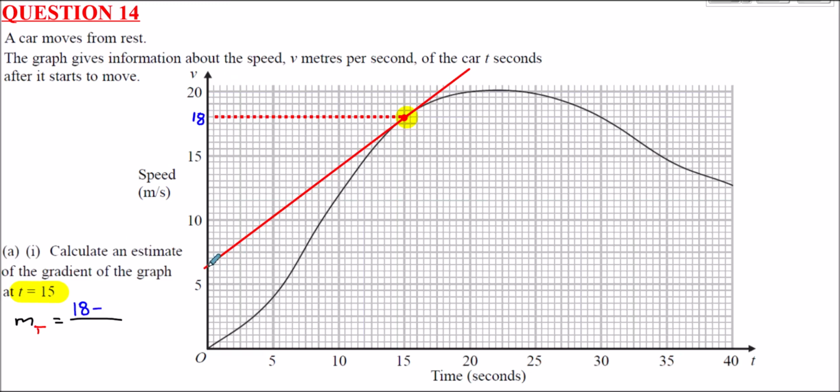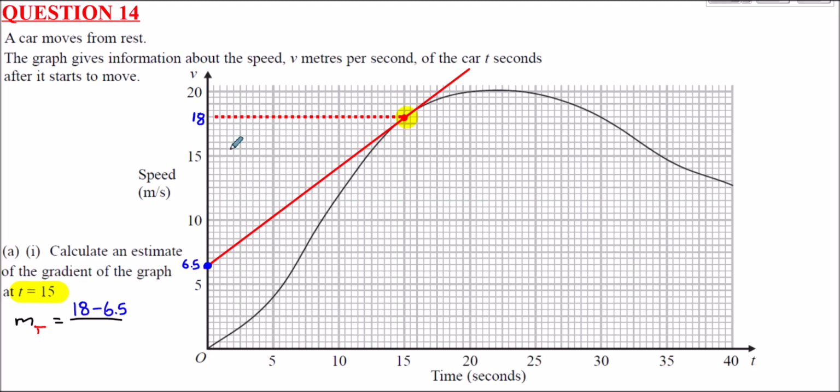So I'm going to go for my y-intercept there. Now, from 5 to 10, that's 10 little squares. So each of these little squares must represent 0.5. So that's 5.5, 6, 6.5. So the change in y is 18 minus 6.5.